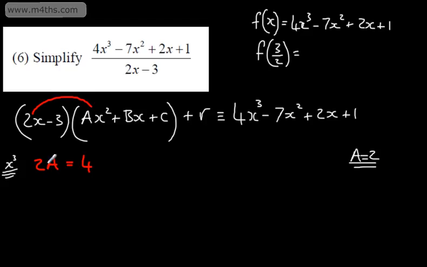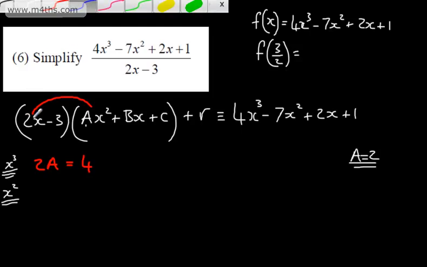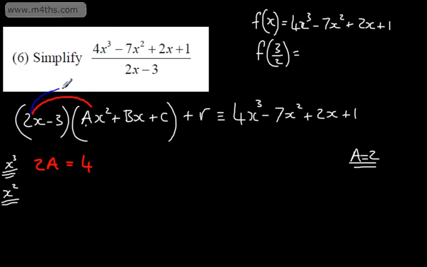If we now look at terms in x squared, now here we need to find 4 unknowns, a, b, c and r. So let's go ahead and do that. So we'll have now the 2x squared, the 2x multiplied by the bx.